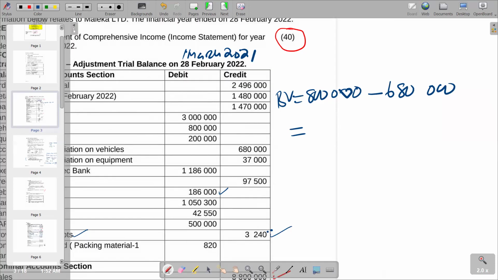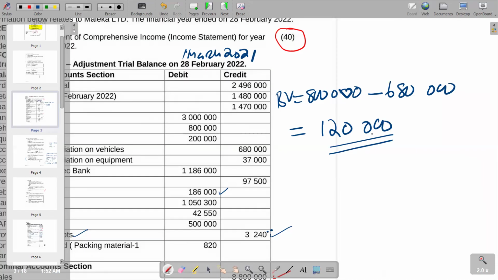So you are going to get your answer is 120,000. So this is your book value before calculating depreciation for the current year. So let's take note of the book value before you start calculating when you're given it at cost price.